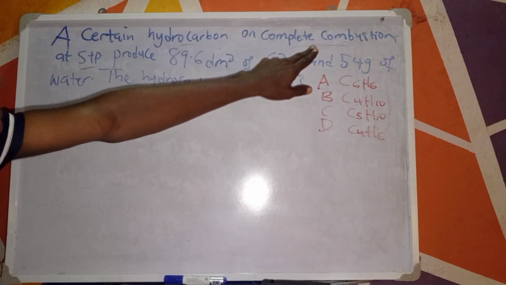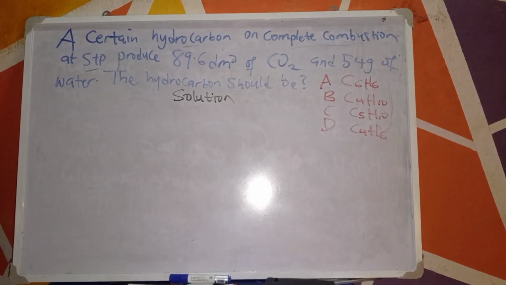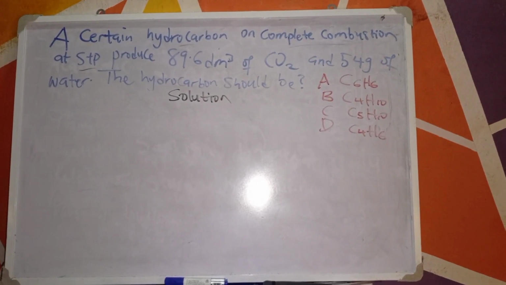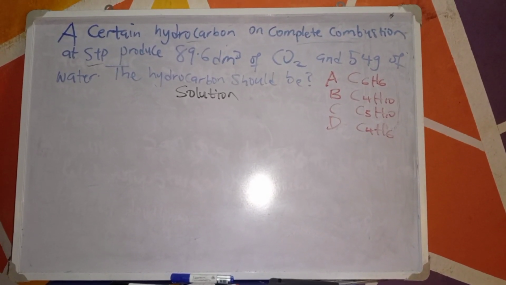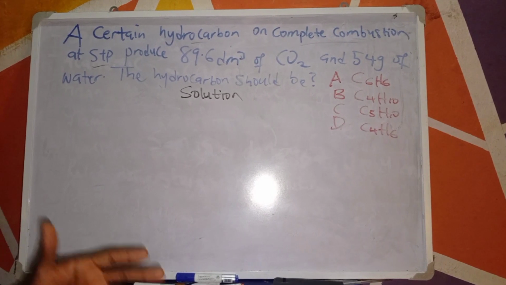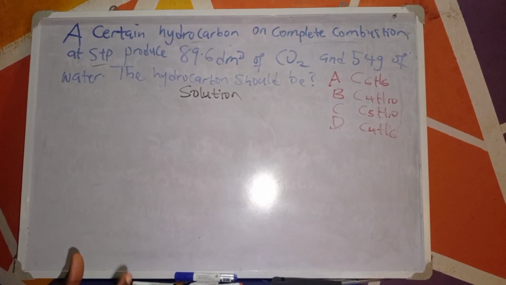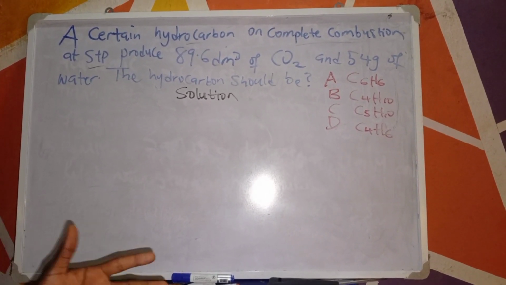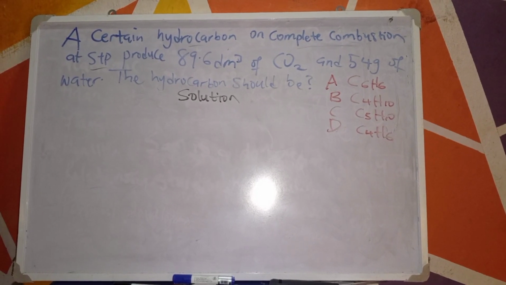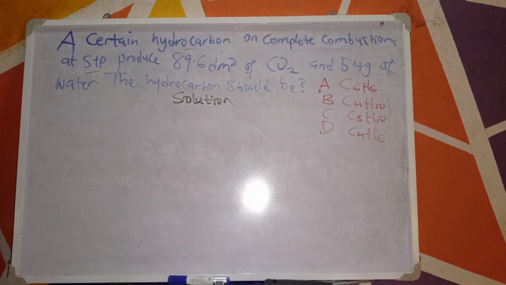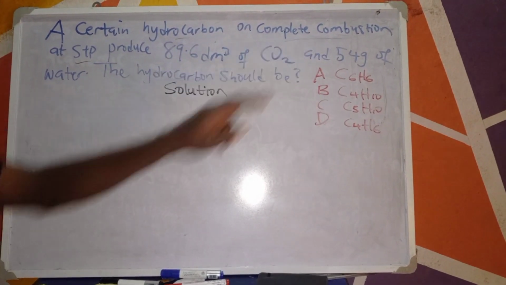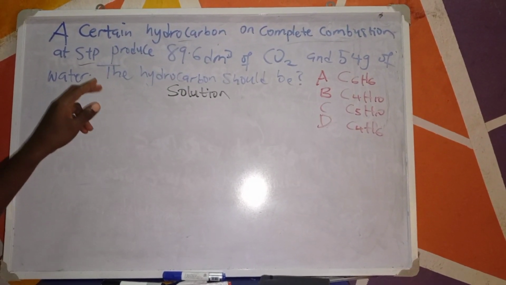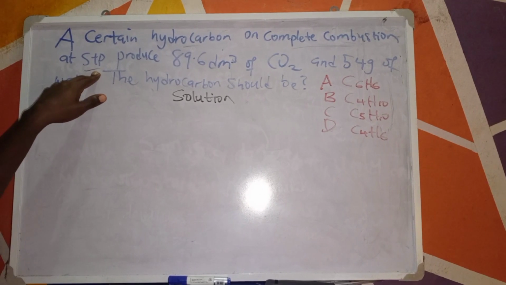On complete combustion, hydrocarbons will always end up with CO2 and water, meaning that the products of the combustion are strictly CO2 and water. That is, no other product. That's what this implies.